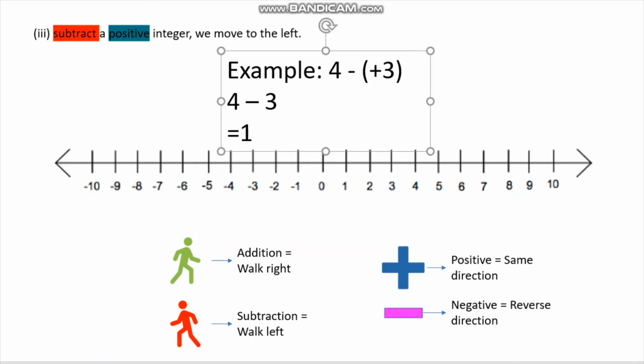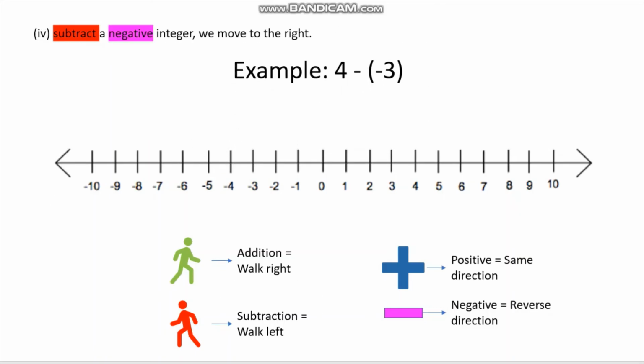Now let us consider the last case. This is perhaps the most tricky to understand based on your intuition. So hopefully this line of thinking will give you a better idea of why this is the case. This is the situation where we have to subtract a negative integer. Again, let us take this in two parts. First, let us find 4. Next, because it is subtraction, we have to walk left.